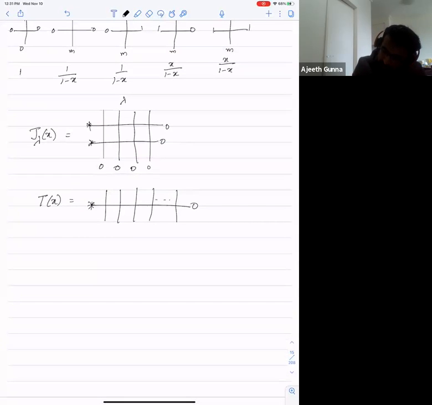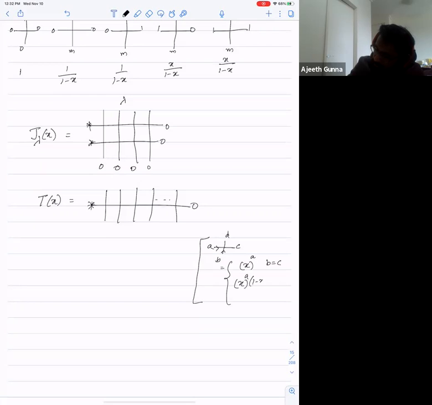A similar inversion relation holds for these transfer matrices and the transfer matrices from the Grothendieck model that I showed you before. Just to recall the Boltzmann weights.